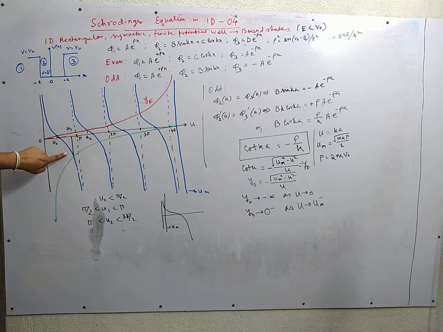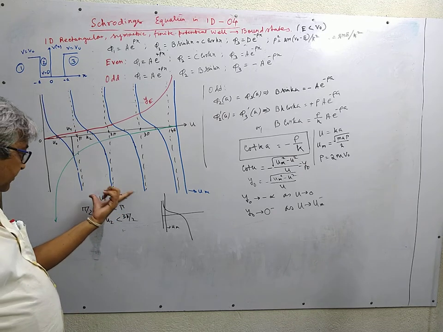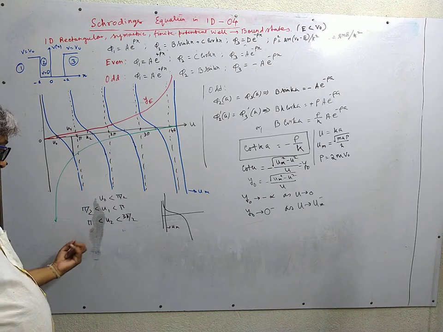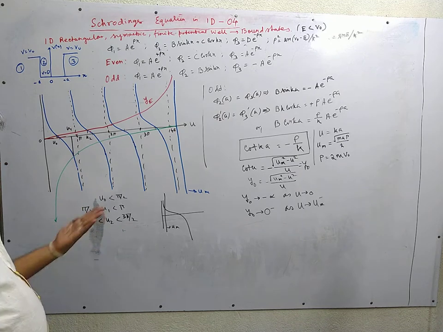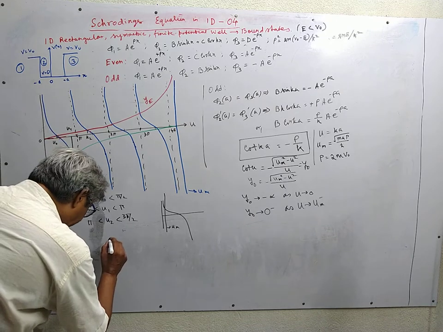The first excited state has an odd parity, the second excited state has an even parity, and so on and so forth. And this can give you a general relation that if u max lies between this and this, we can count the number of bound states.